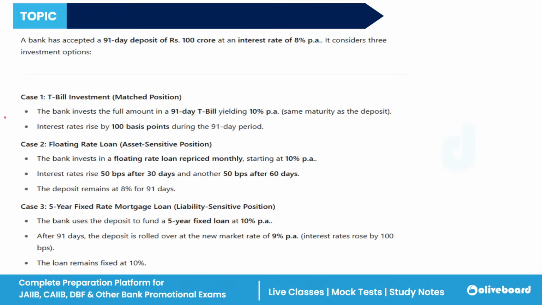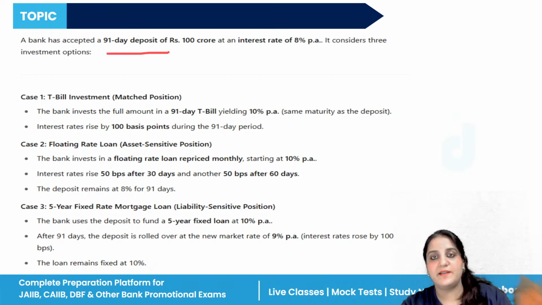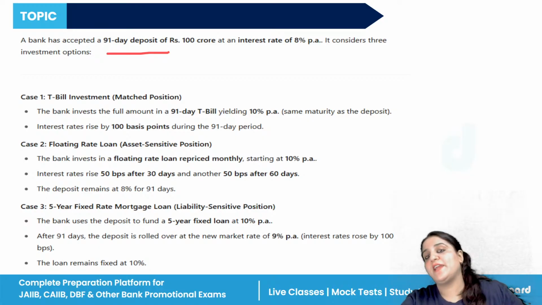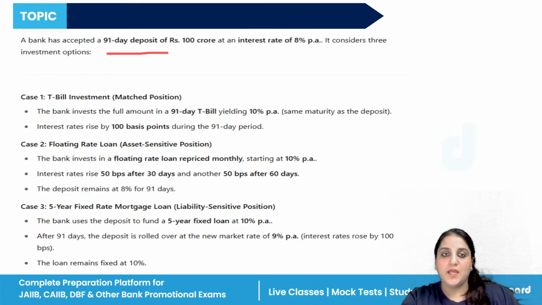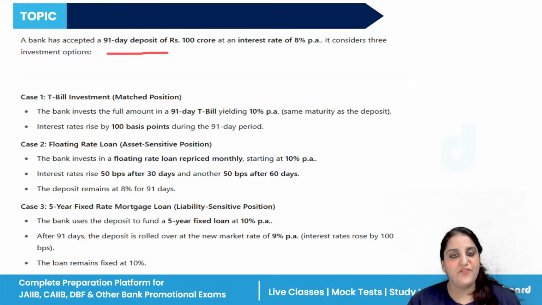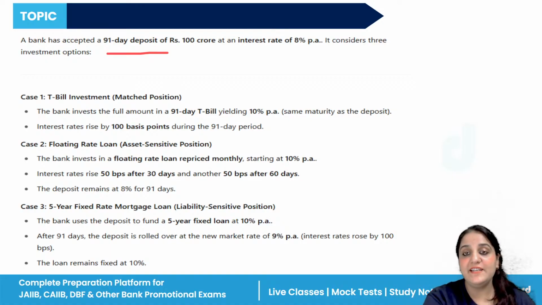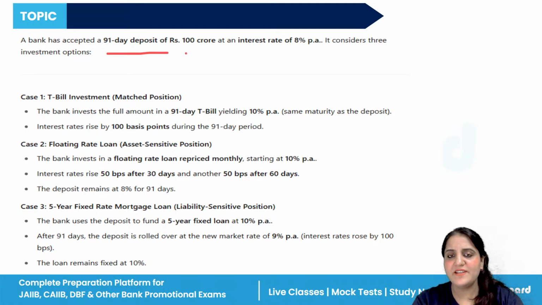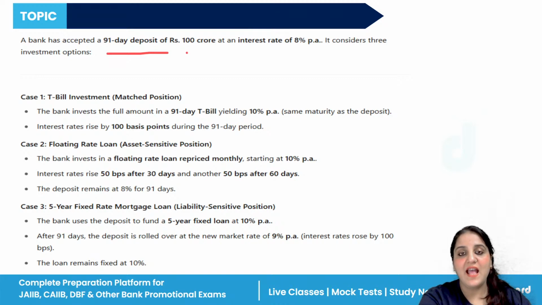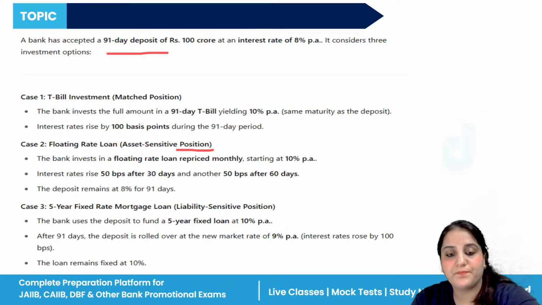Now, the question is there is a bank that has accepted a 91-day deposit of rupees 100 crore at an interest rate of 8% per annum. Three options are given. First, T-bill investment, where the bank invests the full amount in a 91-day T-bill yielding 10%, and the interest rate is raised by 100 basis points. Then a floating rate loan, which is an asset-sensitive position.